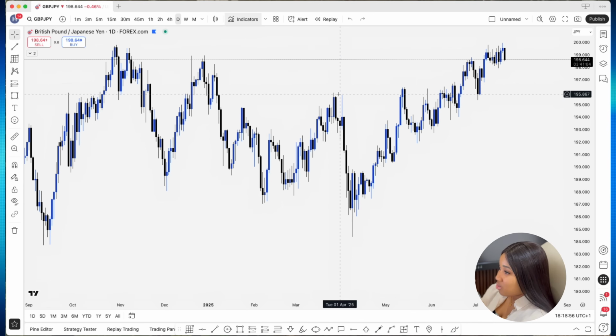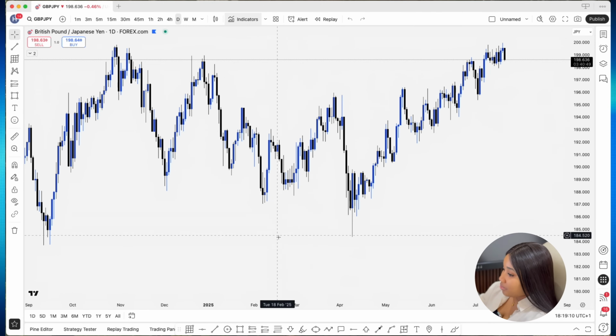So if I'm trying to read the structure, the daily time frame is here to tell me where the market is directed, where the market is reacting to, and the next line of action. So it shows me the trend generally. From the daily time frame, I try to map out the obvious levels.